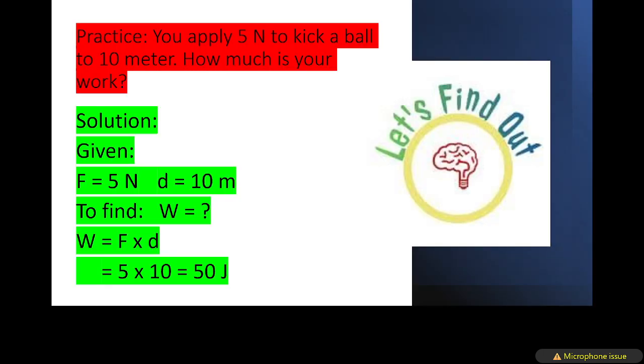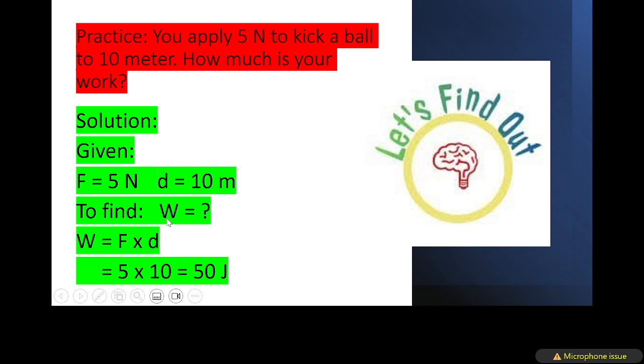Now let's practice. You apply 5 Newton to kick a ball 10 meter. How much is your work? Here is the solution. Question in the red and answer in the green. What are the numbers given? Force F equals 5 Newton. 10 meter is distance or displacement.